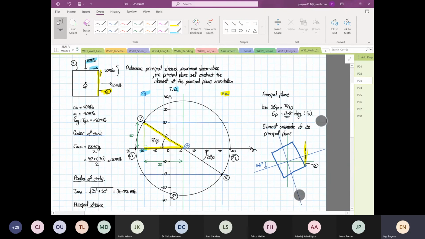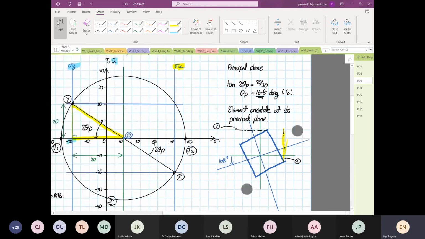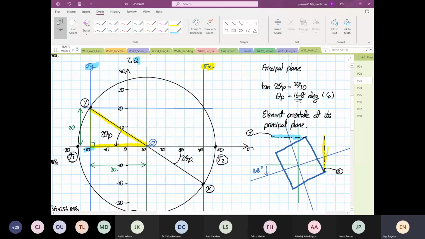Then I'm going to draw another line, and this happens to be our y. Why is it our y? Because this line on our element is the same as this line orientation. Now, why is this important?